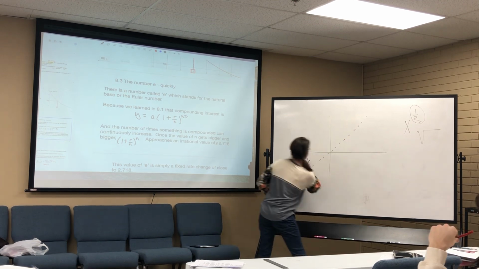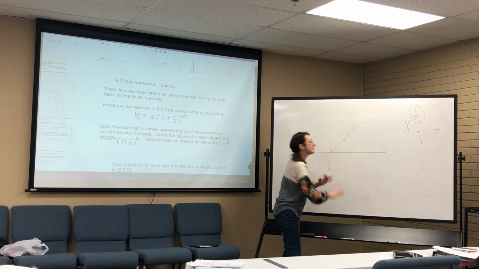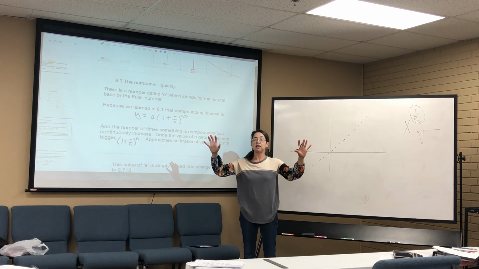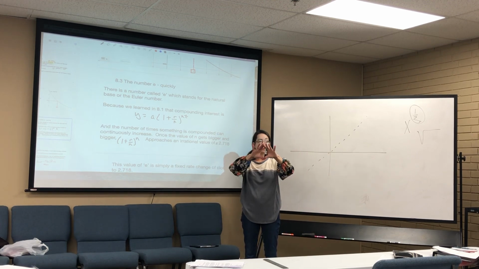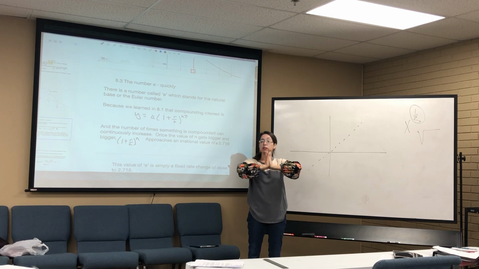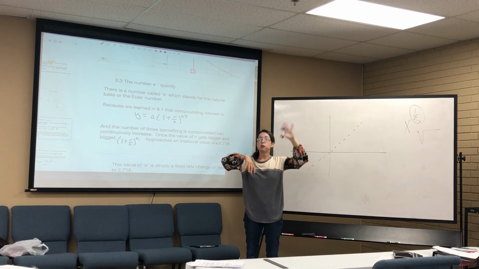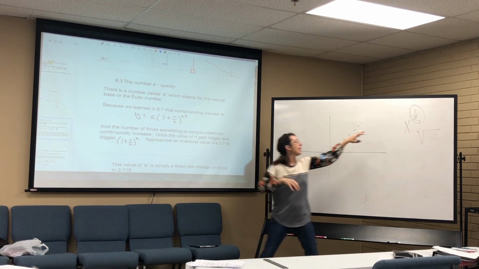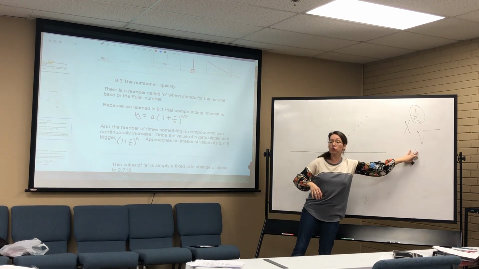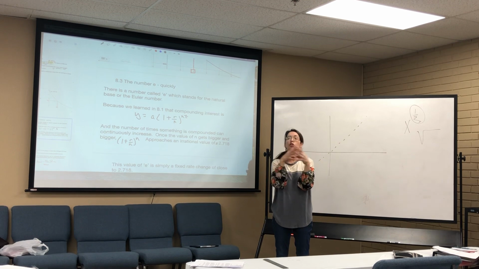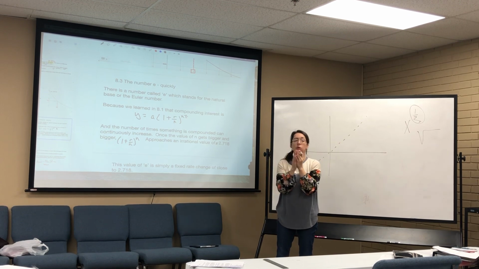So we have consistently seen that we always have things that are pairs, right? I talked about that a little bit last week in our class where addition has subtraction, multiplication has division, exponents have roots, and so now we have this new pair that we are learning about in chapter 8.